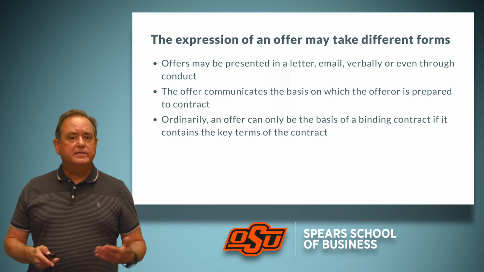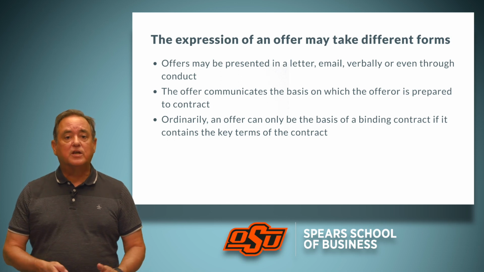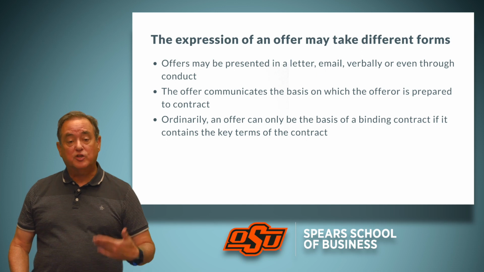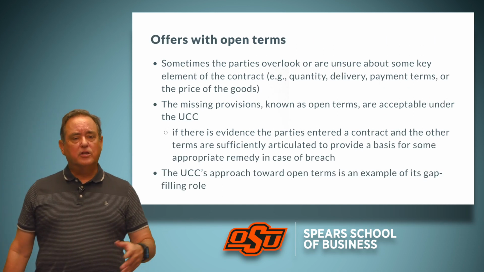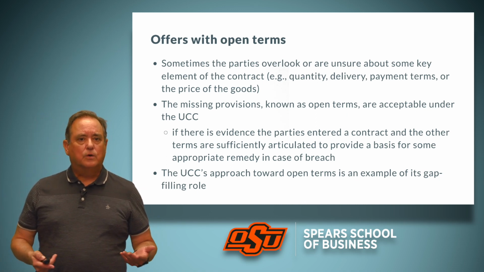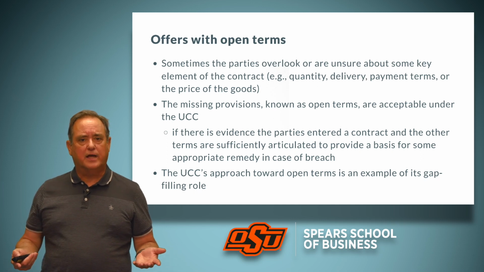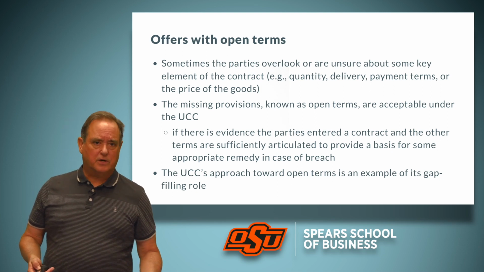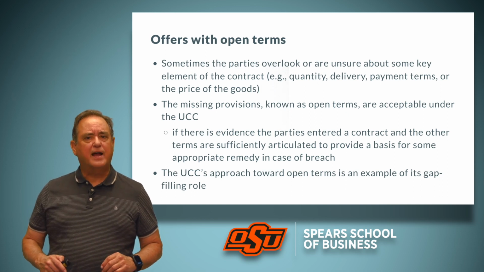One of the key ways it does so is by providing default rules to govern those open terms, those missing terms of the contract. So let's look at offers with open terms. Sometimes the parties overlook or are unsure about some key element of the contract. Quantity, delivery, payment terms, price of the goods. Those are all very important factors.